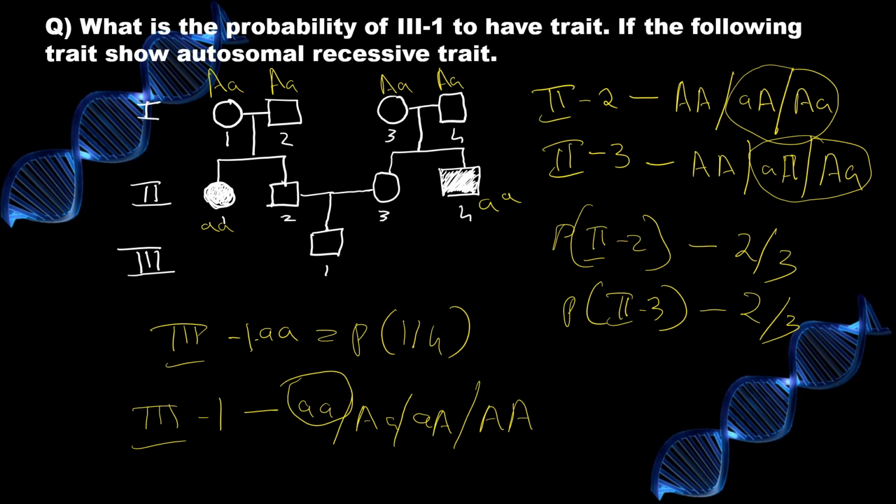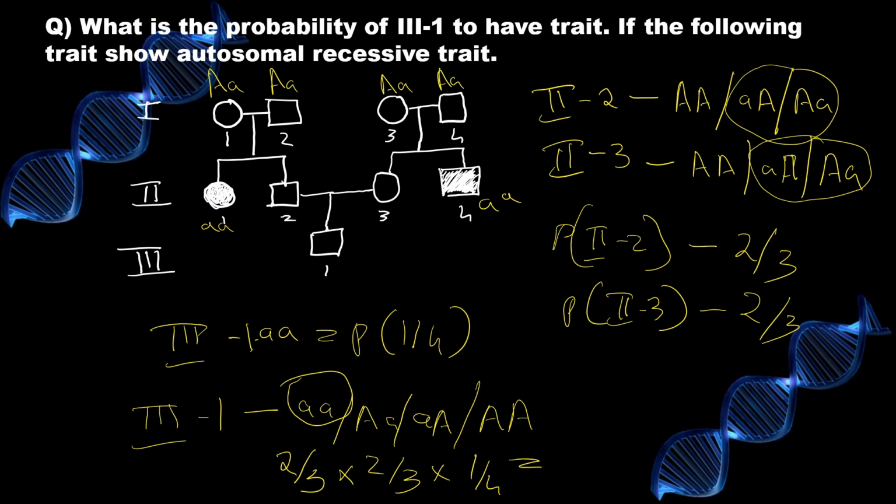Then, applying the AND rule, which we discussed in our earlier video along with the OR rule in probability of Mendelian genetics, we multiply all of these: 2 by 3 multiplied by 2 by 3 multiplied by 1 by 4.